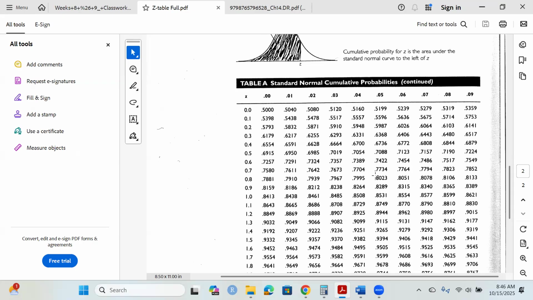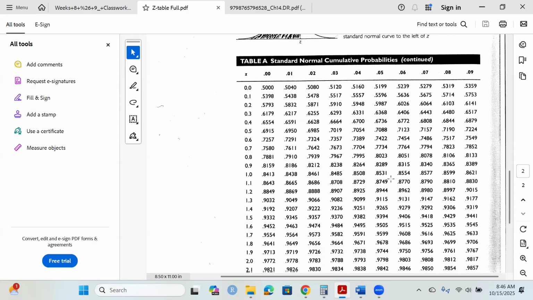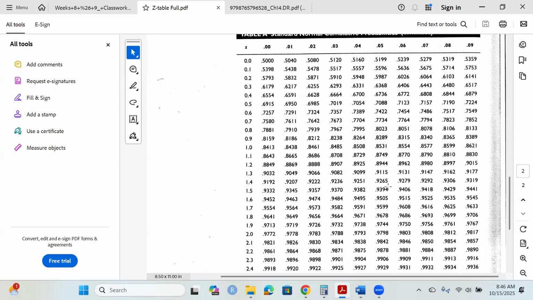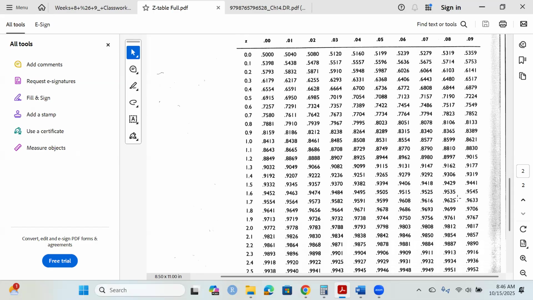So the values here in the meat of this table are the area. So I look for 0.955. And it's going to be 1.7, well, 0.9554. That's pretty close, right? There's 0.9545 and there's 0.9554. So I'll just go with this one. It's 1.7.